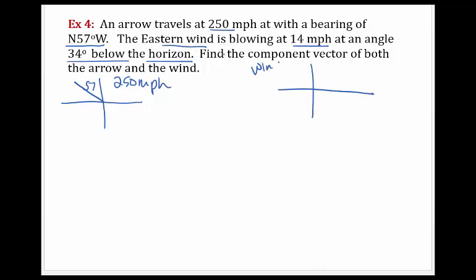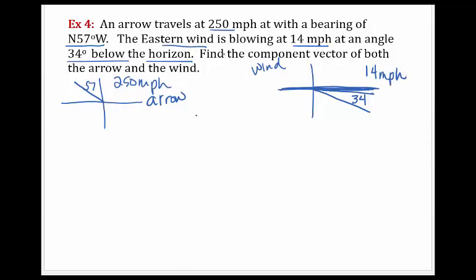This one's the wind. This is the arrow. Well, eastern is this direction. Hopefully you know that. But then this new phrase, below the horizon. Well, hopefully you know horizon is the horizontal. If it's below the horizon, that 34 sits next to the horizon. It uses that verbiage, below the horizon. And it's going at 14 miles per hour.